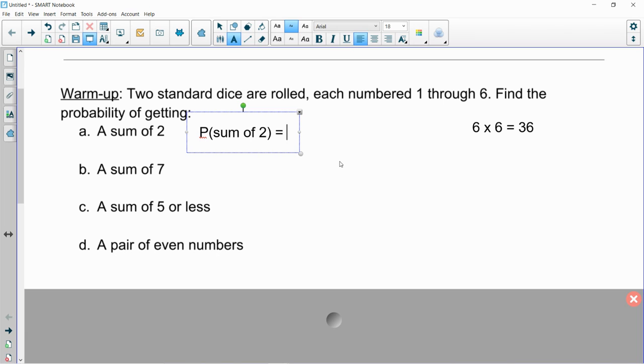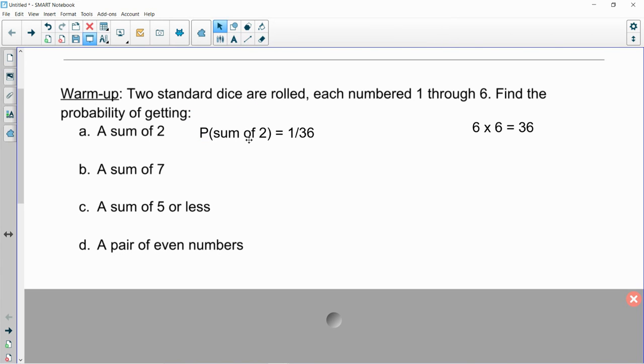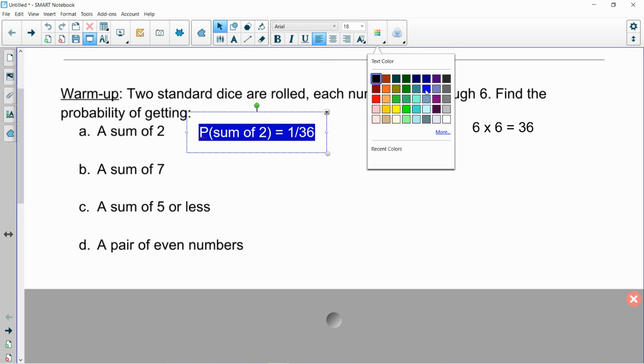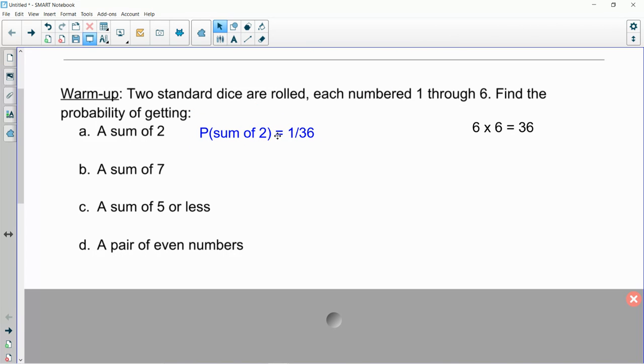Well, the answer is 1. The only way we could possibly get the dice to add up to 2 is if we have 1 on each of the dice. So that means we have a probability of 1 out of 36 that we will roll 2 ones and therefore have a sum of 2. And there we are. Good.